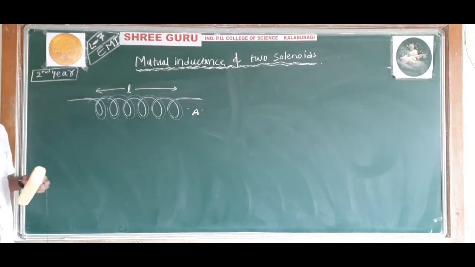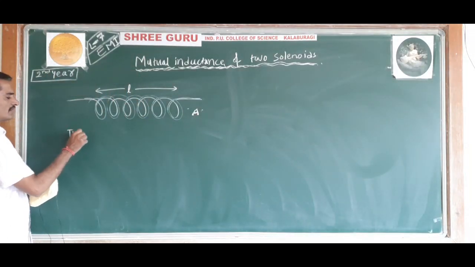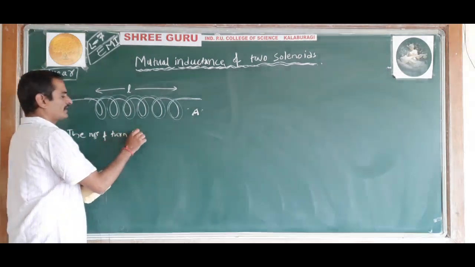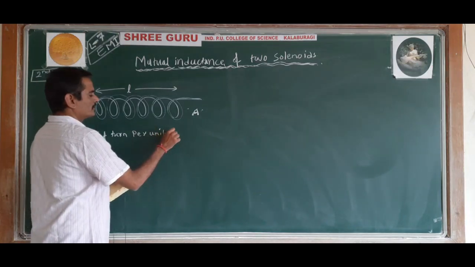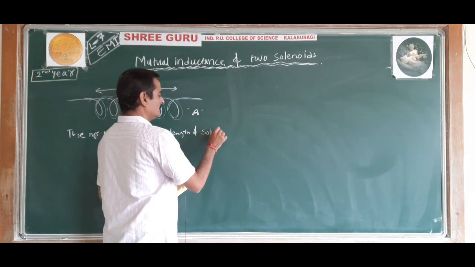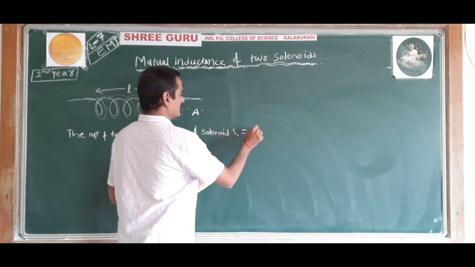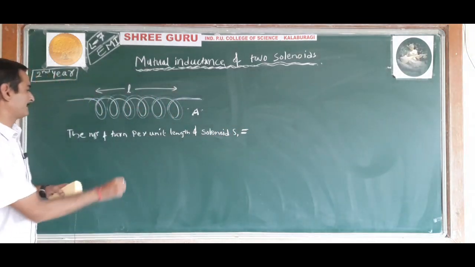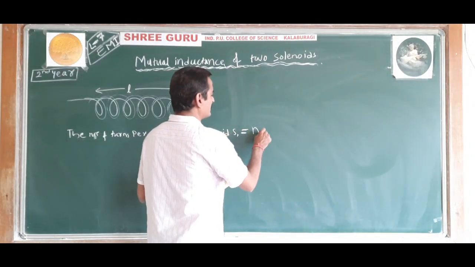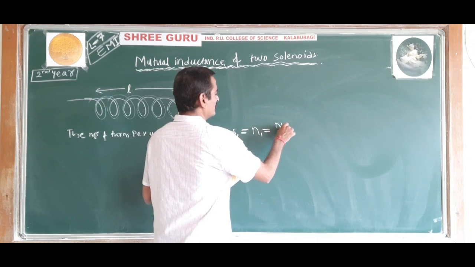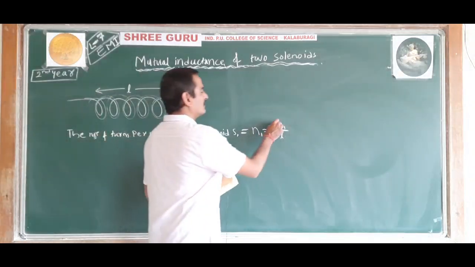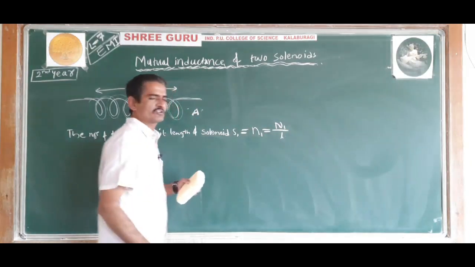Then the number of turns per unit length of solenoid S1 is given by n1, and n1 is equal to capital N1 divided by L. What is capital N1? Capital N1 is the total number of turns on the solenoid S1.